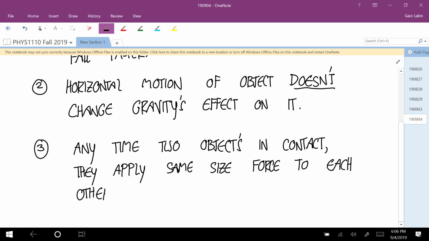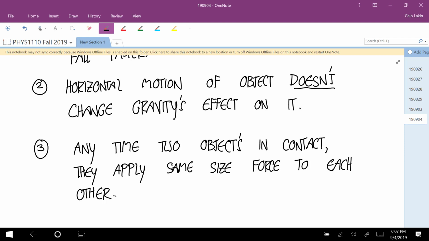So the examples I gave last time all had to do with short duration collisions, but you can also imagine two sumo wrestlers, where one's way better than the other, and over a couple of seconds one person's just pushing the other one straight back, the other one's falling back, and this one's pushing forward.